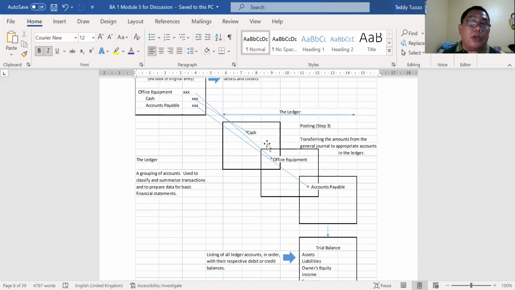Of course, in the general ledger also, we will determine the balance. And then when you check the equality of your posting to the ledger, you prepare the trial balance. This is the last thing that we're going to do in module number 3.